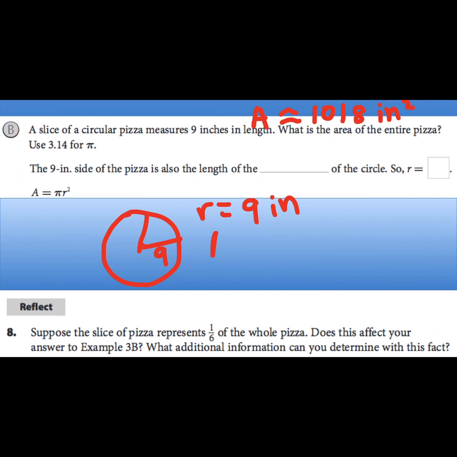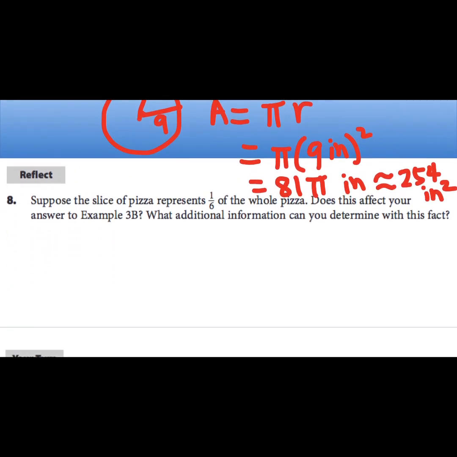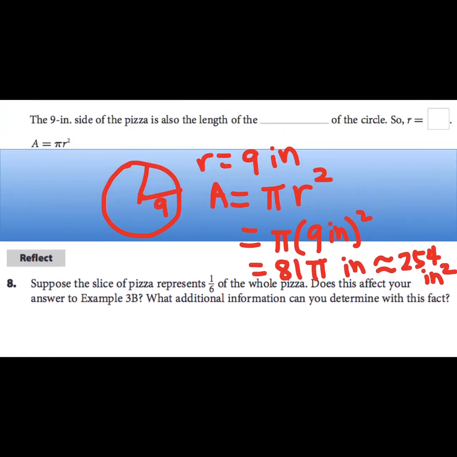So to find the area of the entire pizza, we're just going to use the same formula, area equals pi r squared, which means it's pi times radius, which is 9 inches squared, and that'll give us 81 pi square inches. Again, if we substitute 3.14 for pi, we will have approximately 254 square inches for the whole entire pizza. And so that will be the answer for this problem.